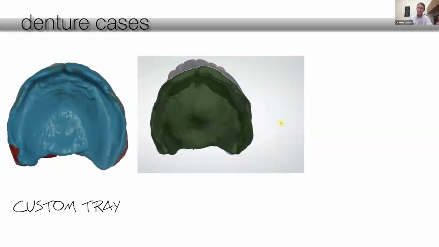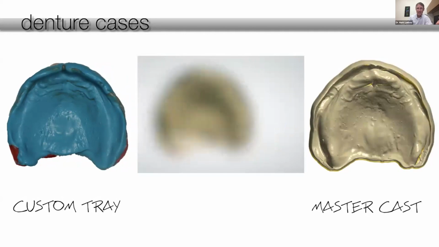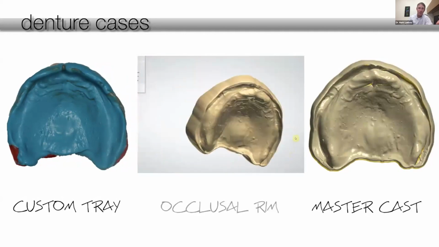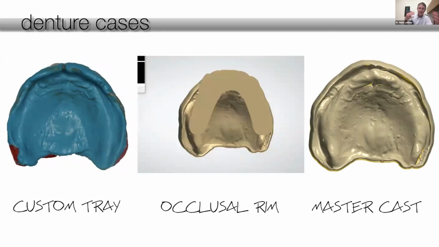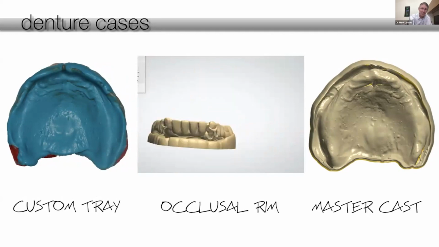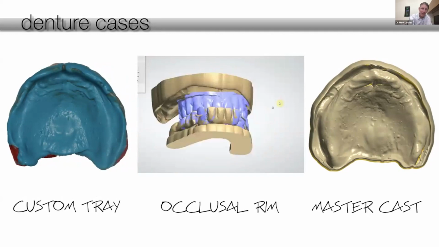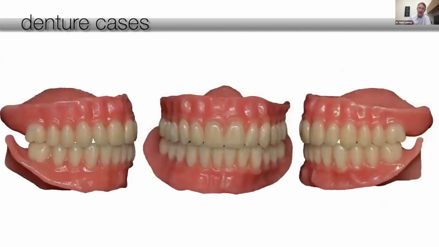They will go ahead and virtually pour it. That's how you get your master cast. And then from there, you've also got your occlusal rim because you've got the old teeth there. And you just need to modify everything relative to that. And that way you're able to get some really nice dentures made in one visit so that the second visit you're delivering them and off you go.